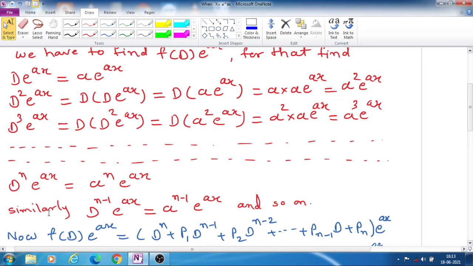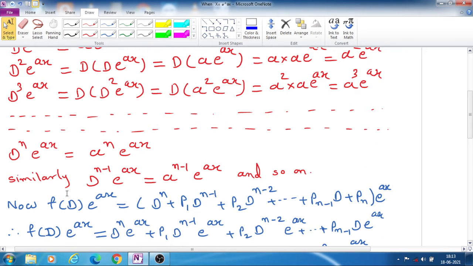So similarly, D raised to n e raised to ax will be equal to a raised to n e raised to ax. So we find all the values operating on e raised to ax: D, D square, D cube and D raised to n.